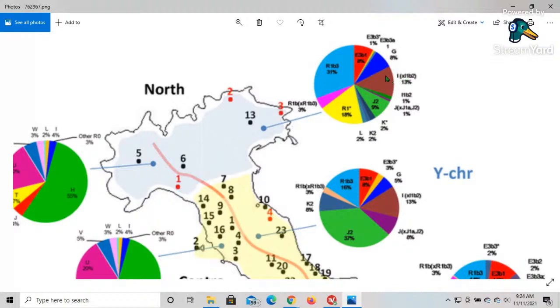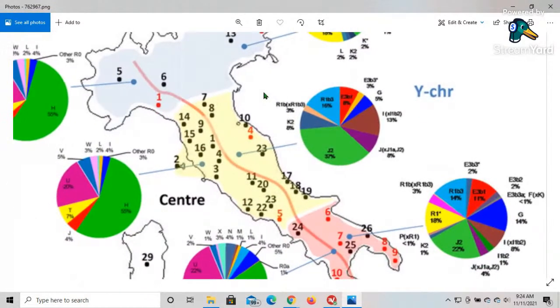And now this is Semitic, and we start with the I's and the J's, all the way to the J2. The I is a large amount because that's where the tribes of Israel went up through this area, the Slavic regions. So that's why the I is more prevalent there than even the J2.